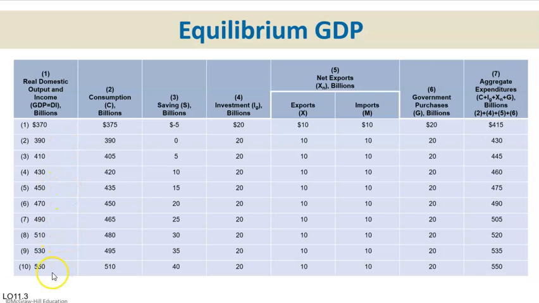In this example, the only row where aggregate expenditures is equal to GDP is the last row, where our GDP is 550 billion, aggregate expenditures is 550 billion, and that is the answer. So the equilibrium GDP is 550 billion.